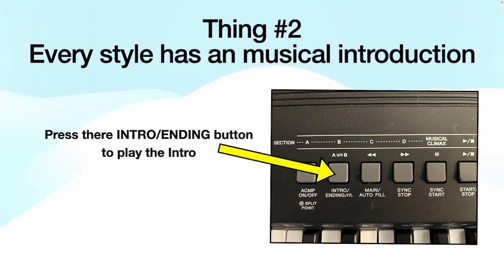If you are just sitting there not doing anything and you've selected your style and you press this intro/ending button, it's going to automatically start playing the introduction the minute you press one of the keys in the style. It's smart enough to know whether to play an intro or an ending.